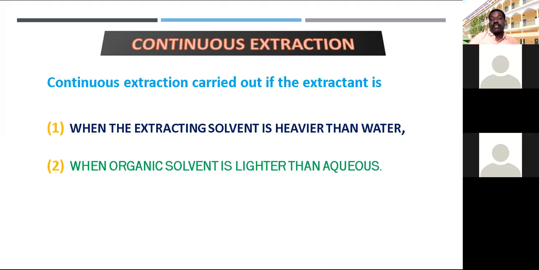The continuous extraction method has two types. One is the extraction solvent heavier than the water. The second is the organic solvent lighter than the aqueous.